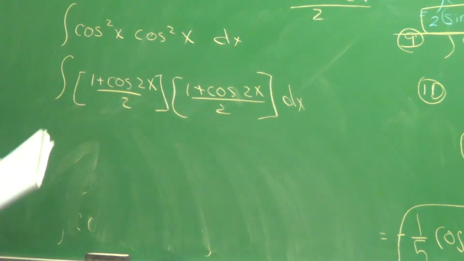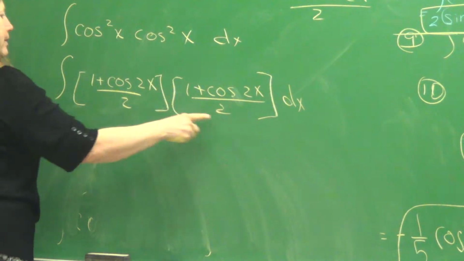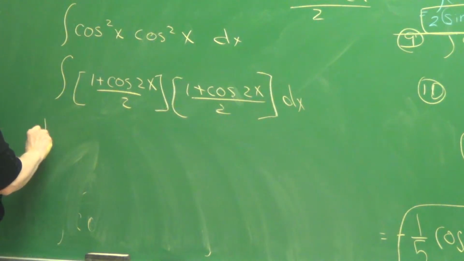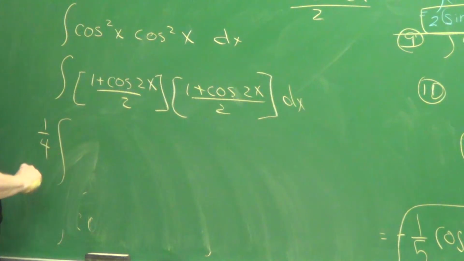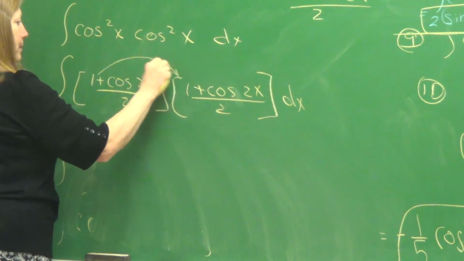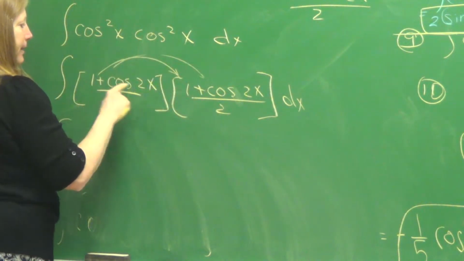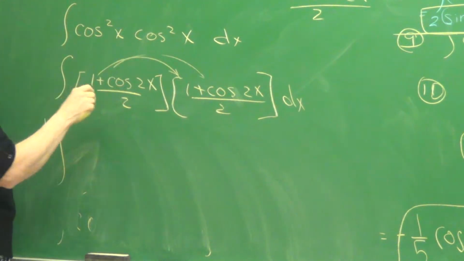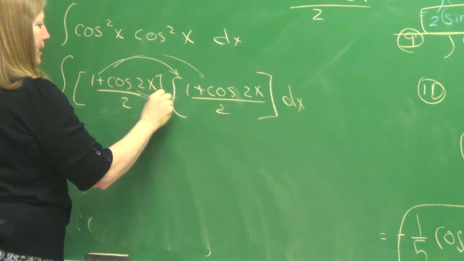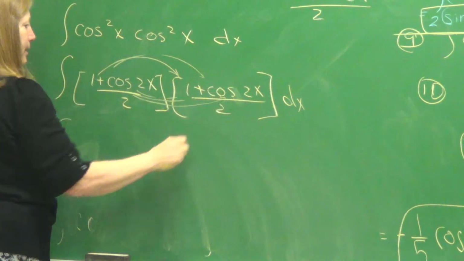So now I need some algebraicians to help me with it. So Aaron, I'm going to pull out this 2 and this 2. It'll come out as a 1/4, so I'll just get it out of the way. And I want you to multiply this out. It's basically a binomial that's squared, or you can think of it as piece by piece or whatever.